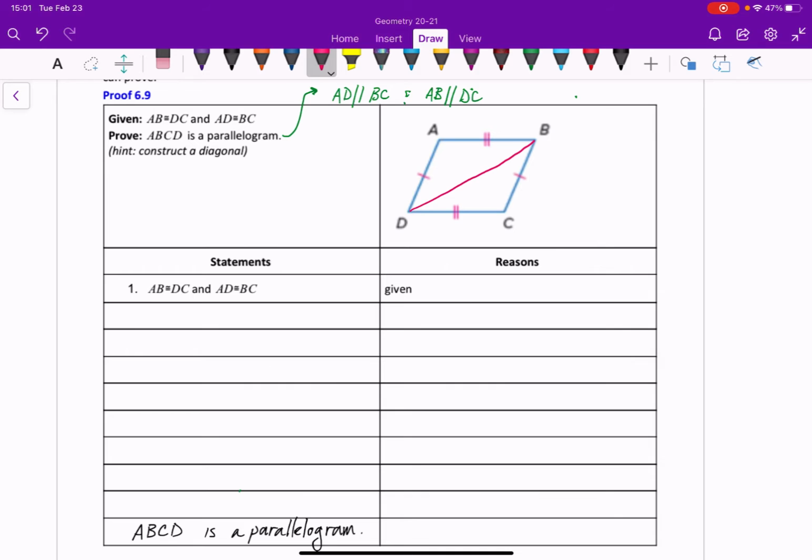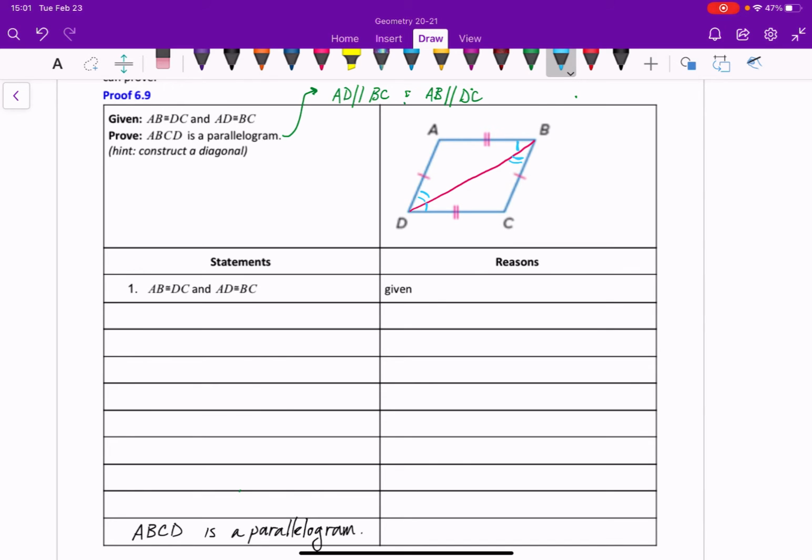Now that I've drawn this diagonal, hopefully you see that maybe if we can show that these alternate interior angles are congruent, then we conclude that the lines are parallel. And we could also show that these two are congruent, which would allow us to show that AB and DC are parallel.